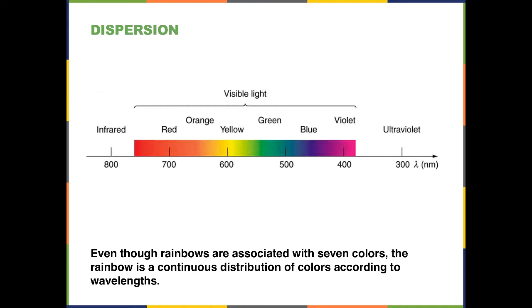The colors, red is around 700, orange 650, yellow 600, green 525, blue 475, and violet 400. And these colors are not distinct blocks, but a spectrum of color that changes as the wavelength changes.